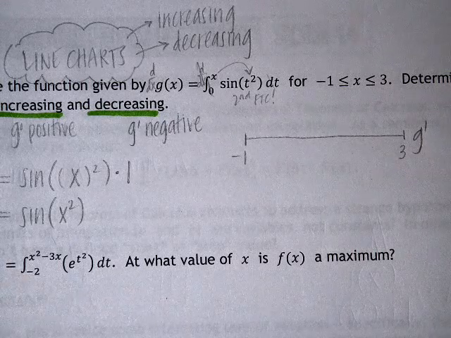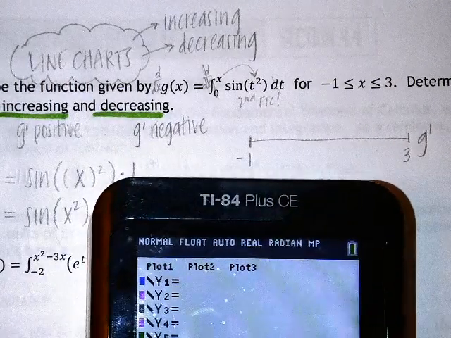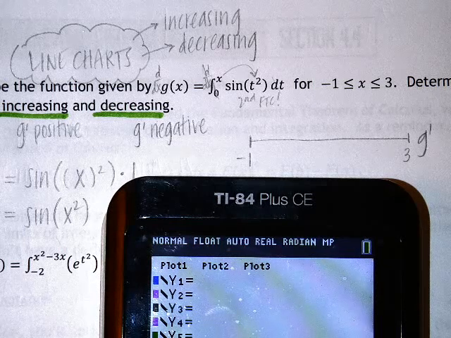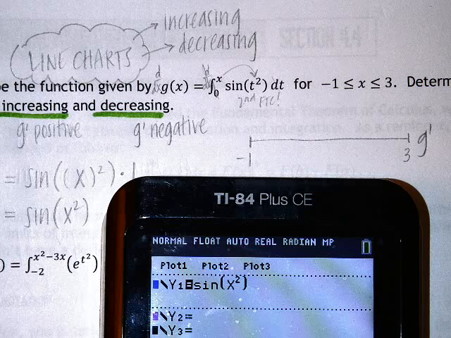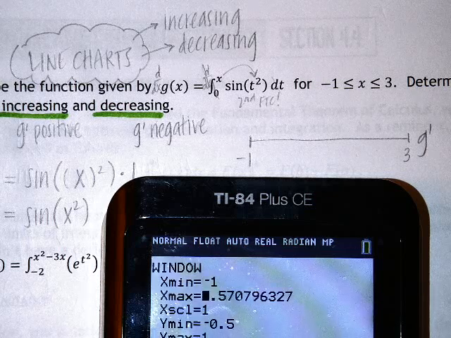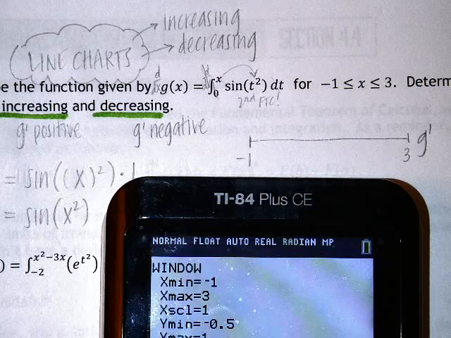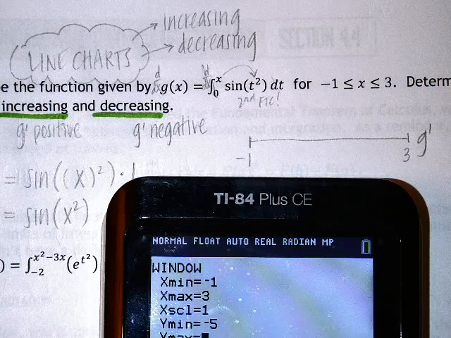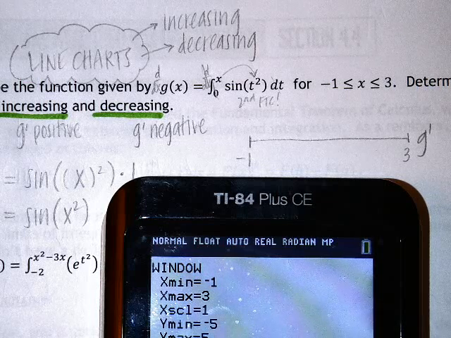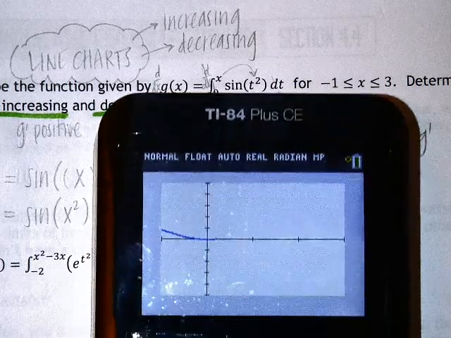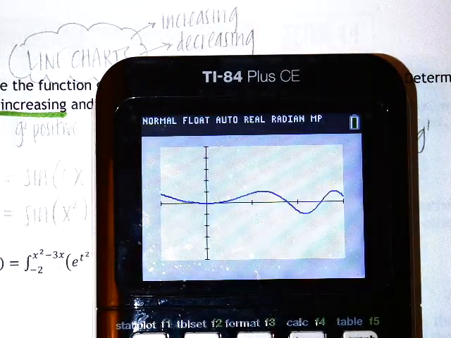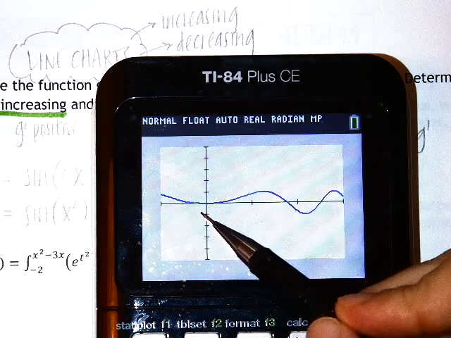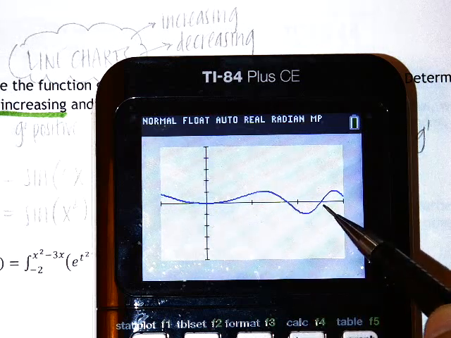This would be a perfectly appropriate time if you wanted to graph sine of x squared in a calculator and to use the calc zero function to establish whatever possible zeros your line chart may require. I'm just changing a few things on my graph so I can see a clear picture. It looks like I can expect 1, 2, 3 zeros here, here, and here.